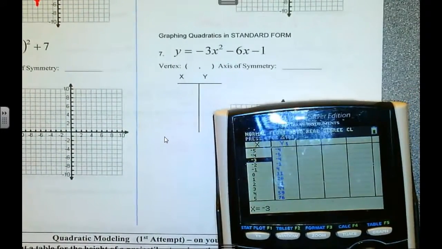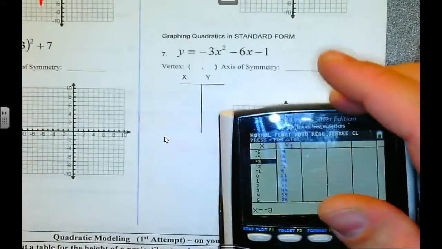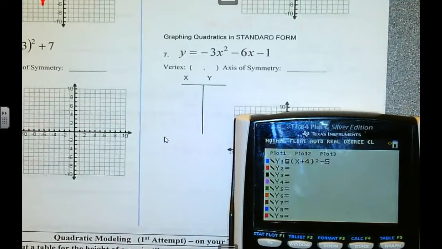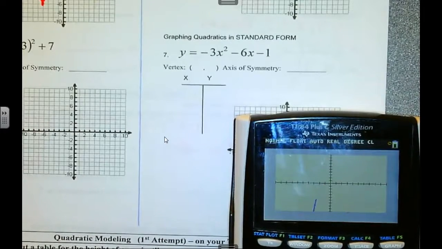When it's in standard form, don't waste your time. Just put it in a calculator because it's going to be a lot easier. And hope for the best. Negative. And make sure you use the negative button, not the minus button. So -3 x squared minus 6x minus 1. Graph it.